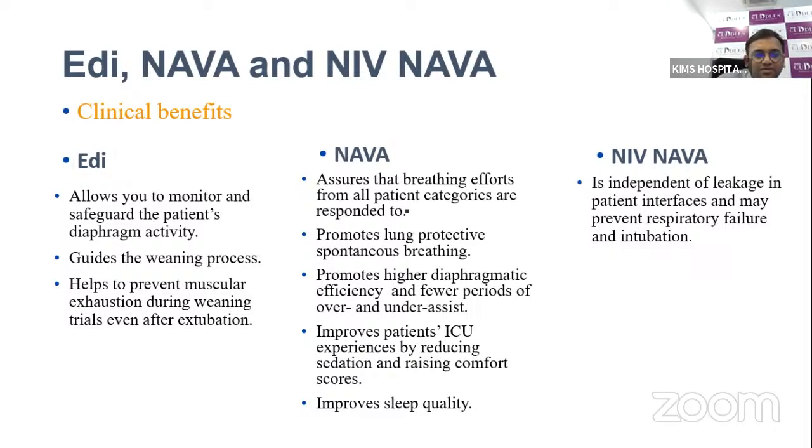Based upon the EDI, NAVA provides adequate respiratory support to the baby. So it does not over-ventilate or under-ventilate, the lungs will be protected from VILI, it helps the diaphragmatic activity to be in an appropriate way, and it helps the babies to extubate early.